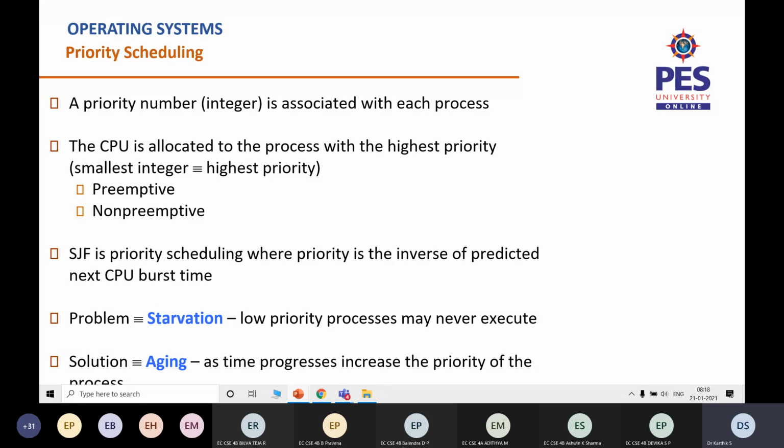So when a higher priority process comes, if a lower priority process is in execution, then the lower priority process is going to be preempted from the CPU and added into the ready queue, and the processor is assigned to the higher priority process. This is the idea of priority scheduling.